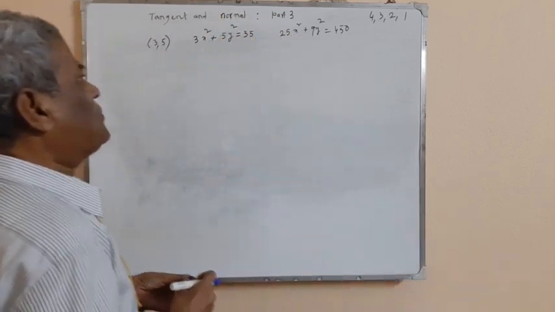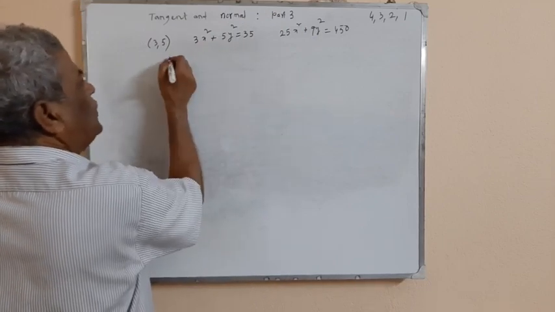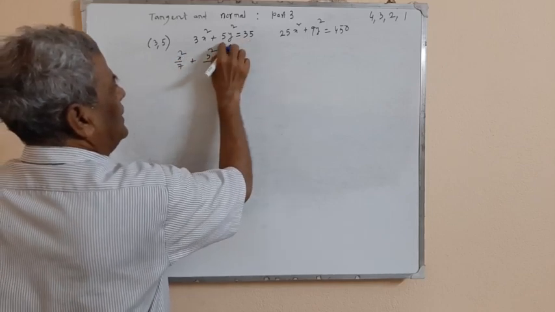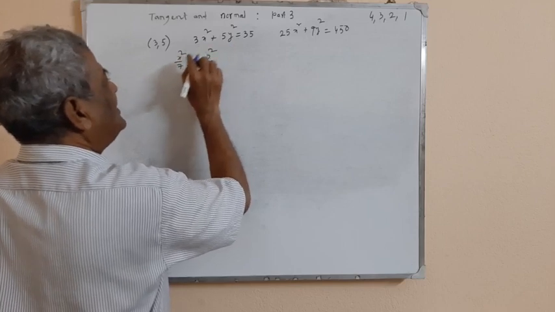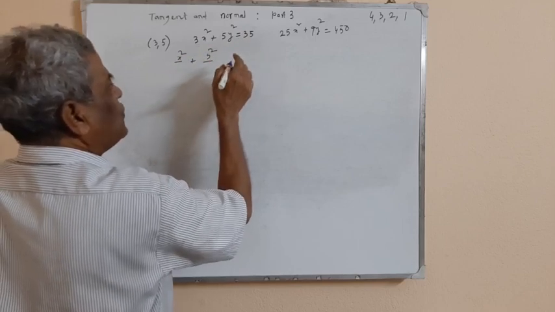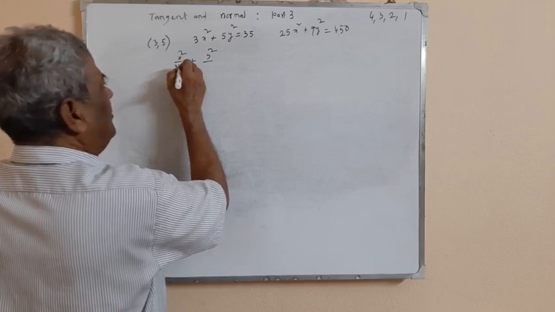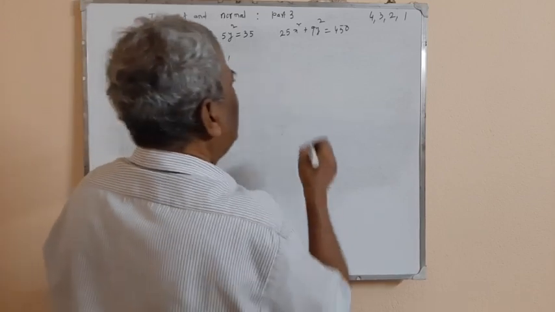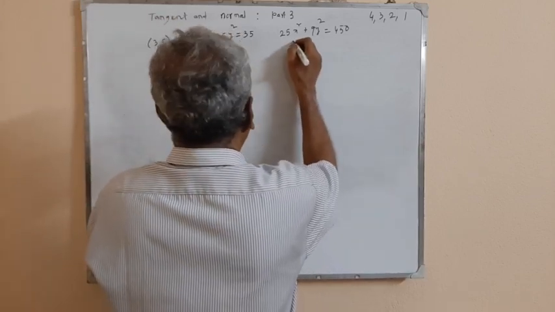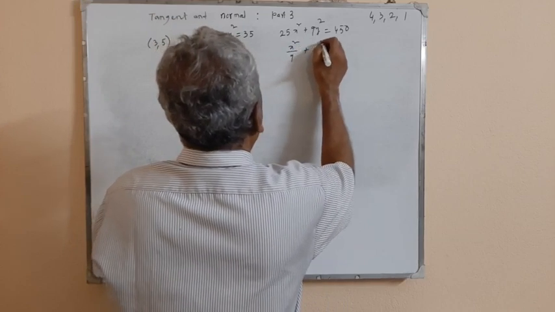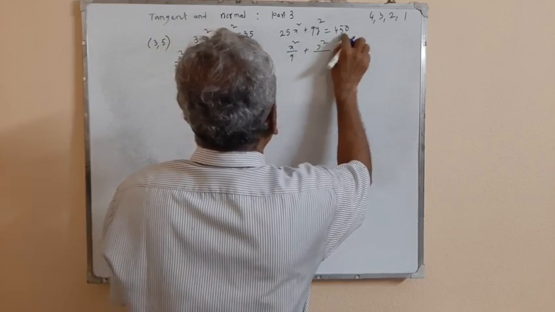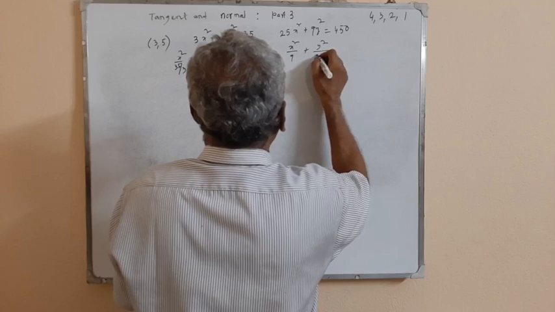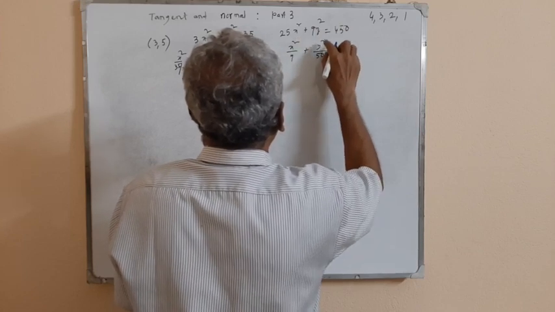Both are ellipses. This is actually equal to x square by 35 by 3 plus y square by 7 is equal to 1. This is equal to x square by 9 plus y square by 50 is equal to 1.